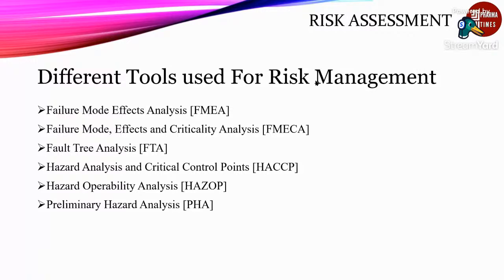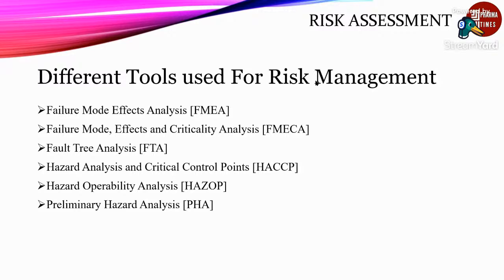Then FTA, fault tree analysis, is a type of ladder logic. If this risk happens and it is yes, then we have to do this activity. If it is no, then we have to do this other activity. So it is ladder logic. Then HACCP, hazard analysis and critical control points, defines which type of hazard will happen, and which type of control is there to address the criticality of that hazard.